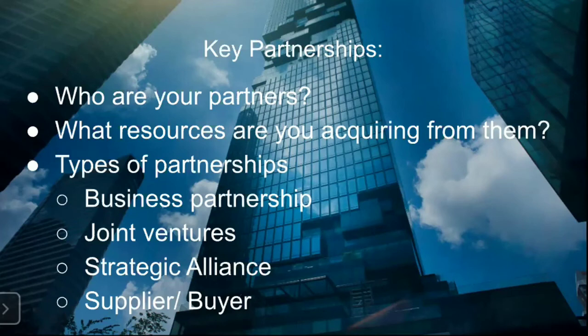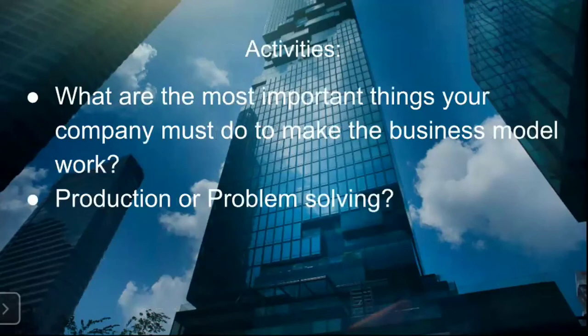But for now, you just want to think of the fact that a partner is not necessarily just a business partner. There are many ways that you can partner up with somebody without selling half of your business to them, okay? Or you can sell some of your business to them as well to generate extra income for yourself. And so there's actually a lot of different ways that you can utilize a partnership.